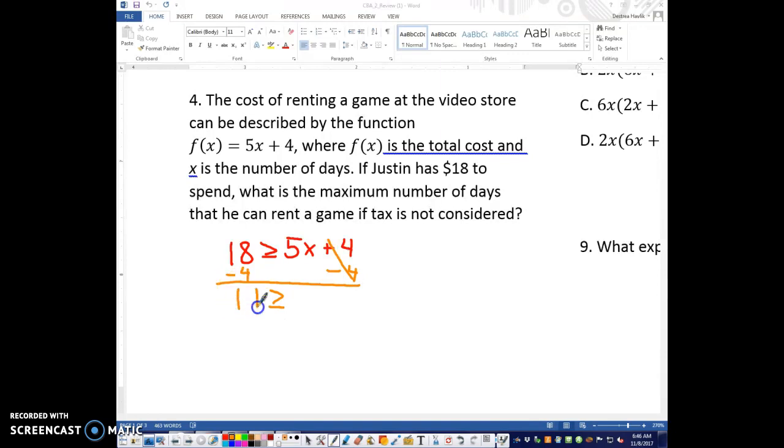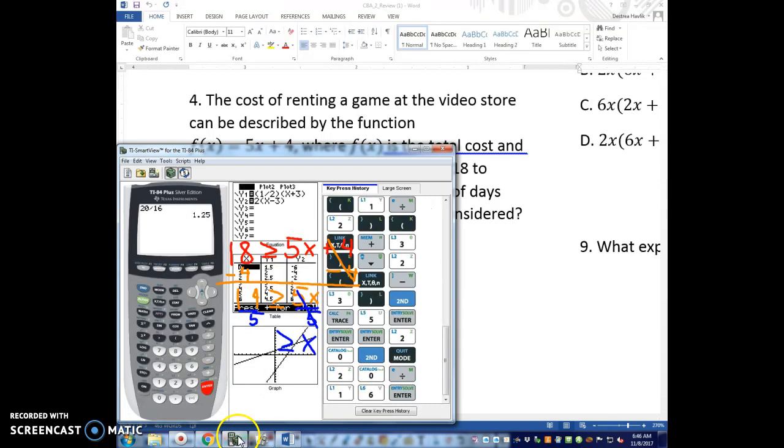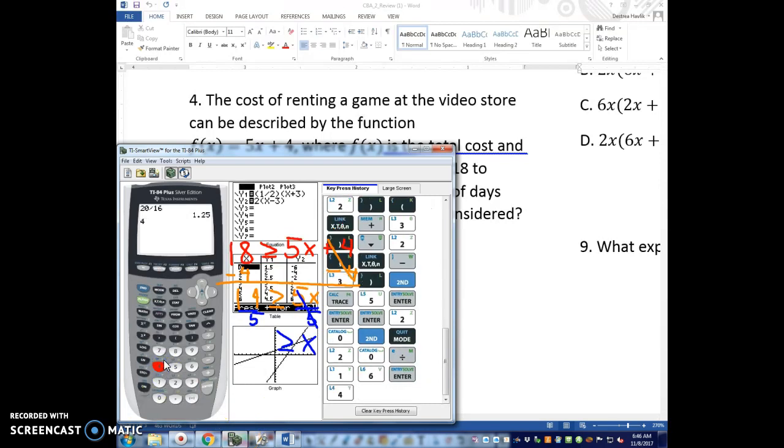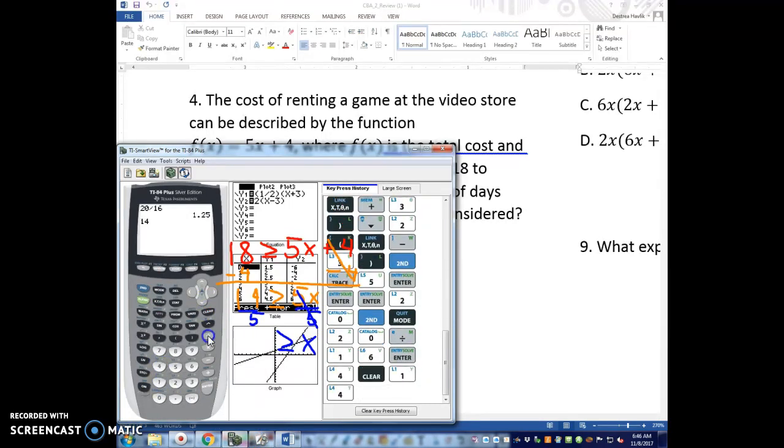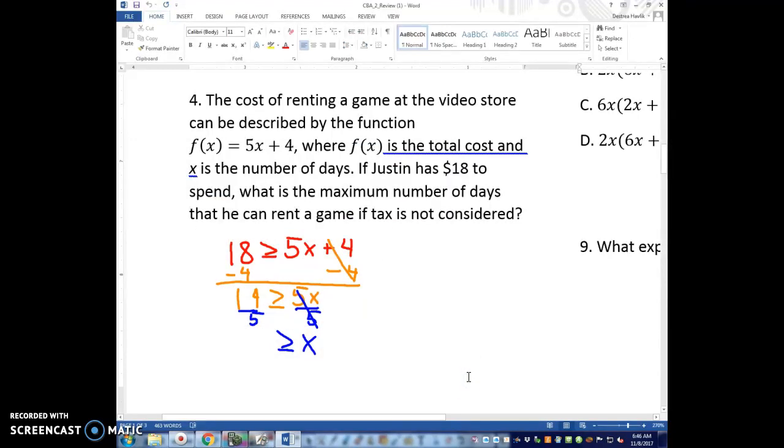18 minus 4 is 14. Okay, now we need to divide. So divide by 5. That cancels. We aren't dividing by a negative, so the sign stays the same. Let's see what 14 over 5 is. It's 2.8.